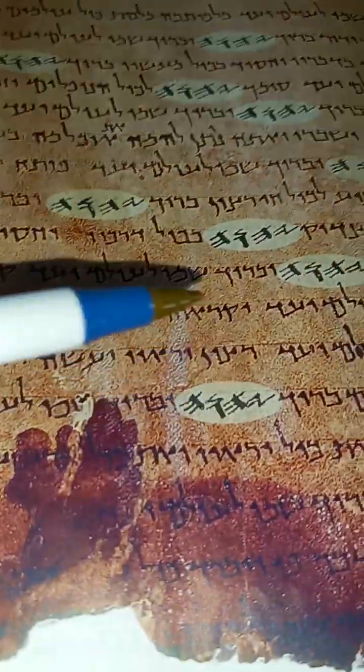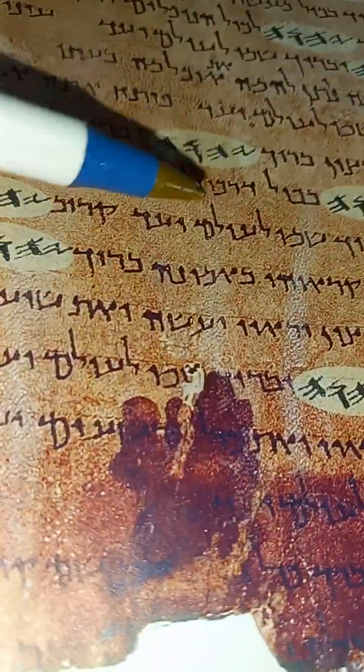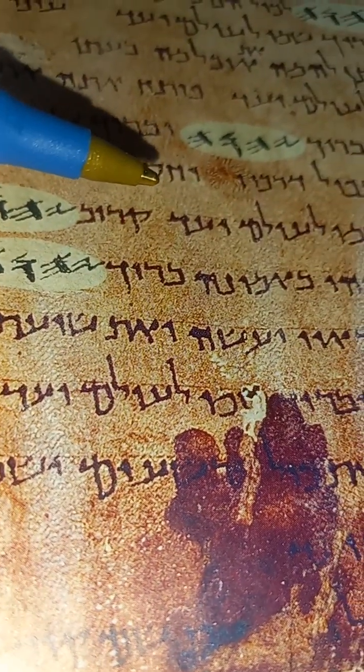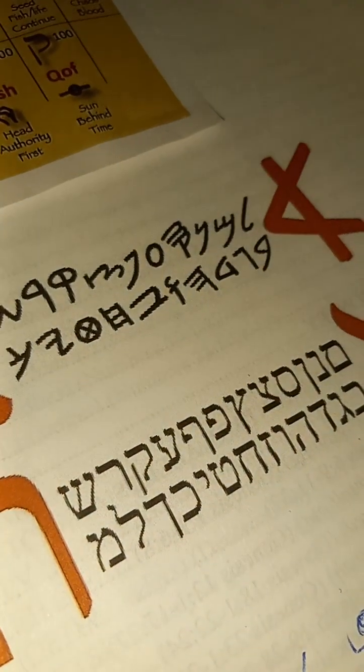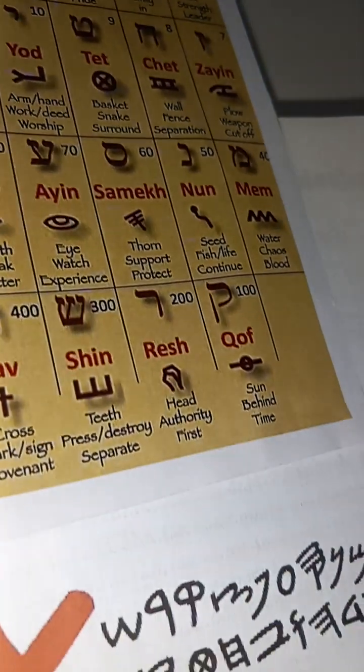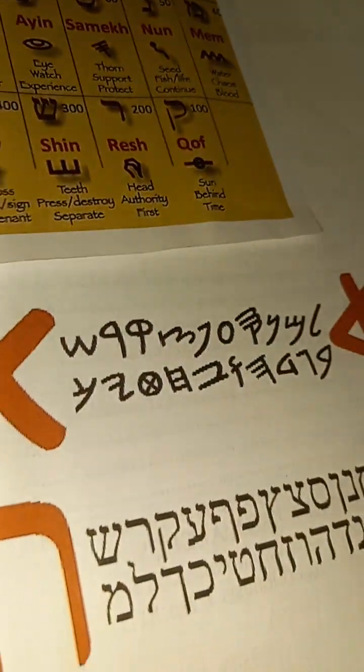So, trying to investigate what's up with these little letters. Man, it's hard to read these little letters. If they were only like this, and like this, then I'd be able to read this with no problem.